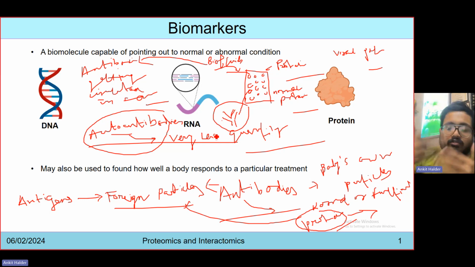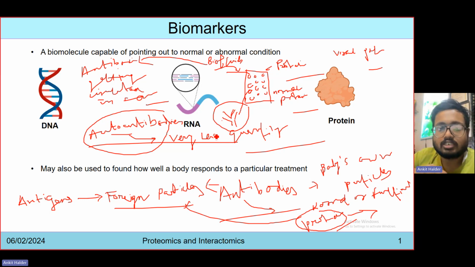What are the different discovery stages, then there is the validation stage, because without validating and without the clinical trials, and without going through a set of different regulatory authorities and regulations, we cannot just pick up something on the basis of one experiment and claim it to be a biomarker, because this is the one which would be responsible for monitoring a particular disease.